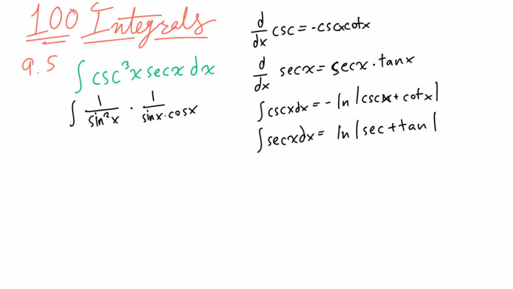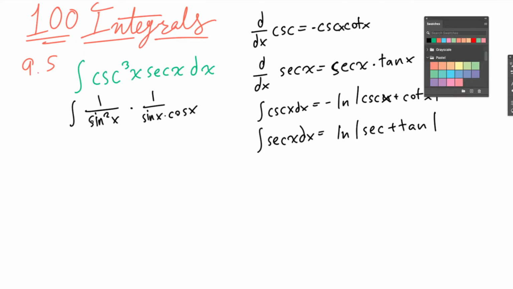Except we're missing a 2. But fear not. The 2 shall come, because if you take u equals sine 2x, derivate this, right? You get this beauty.